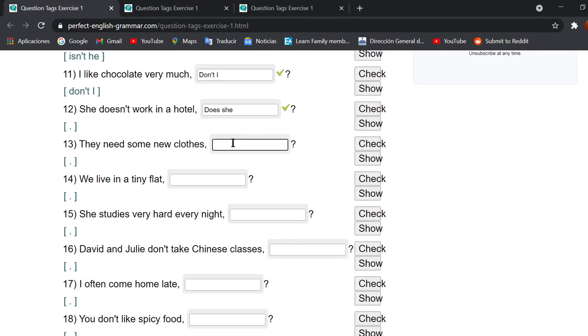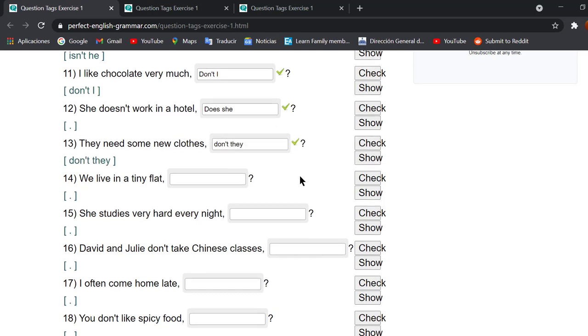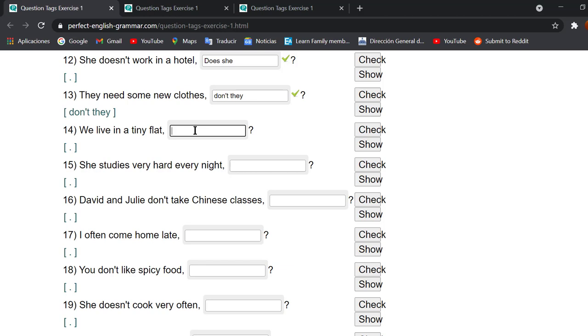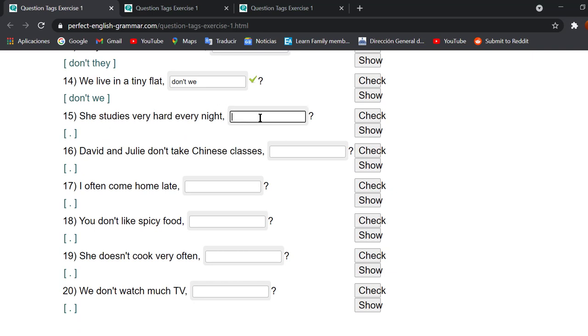And here we have need. They need, so negative. They. Yes. Live, the same, positive, negative. She studied very hard every night, so doesn't she?